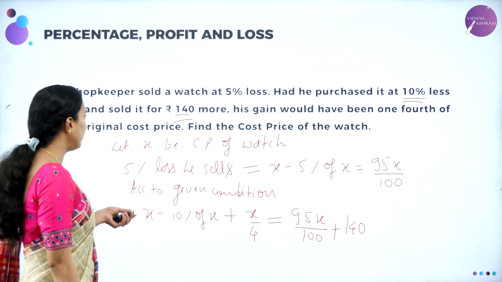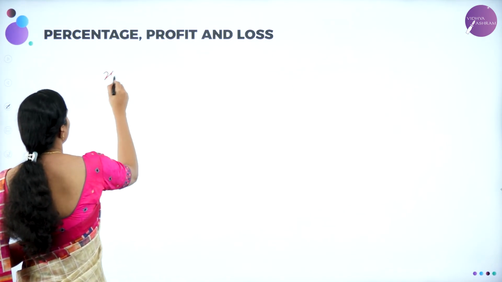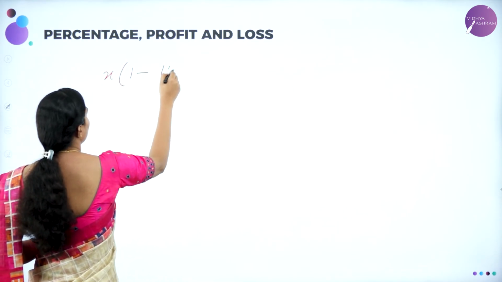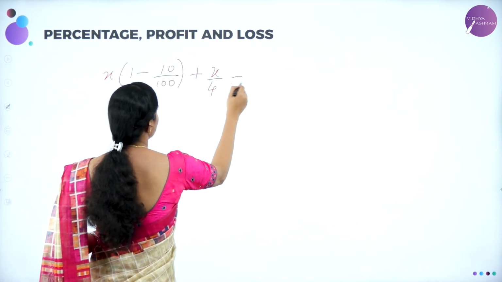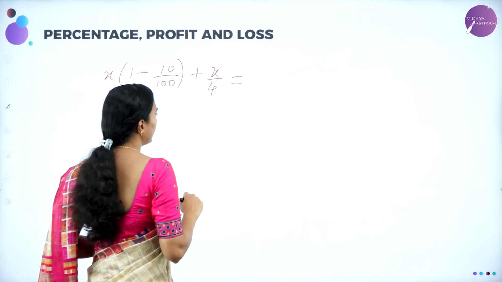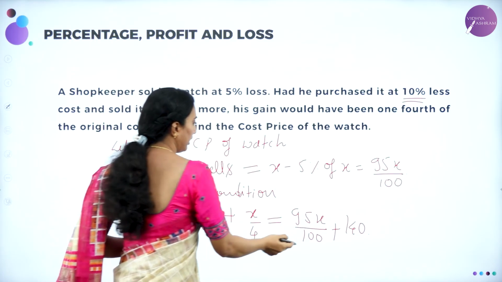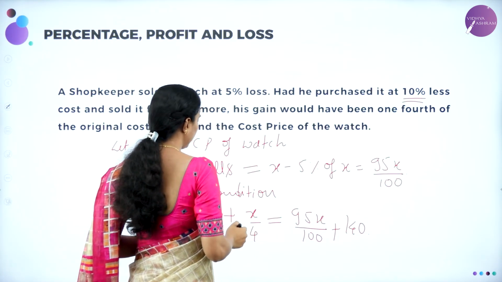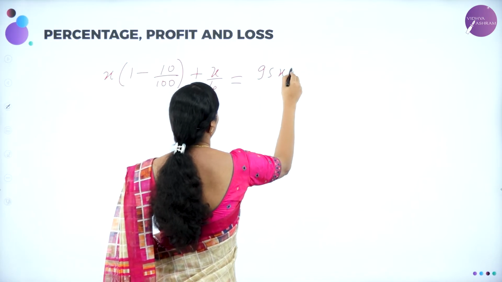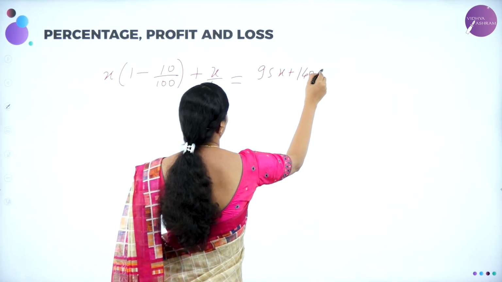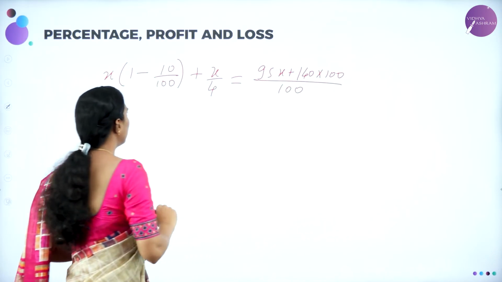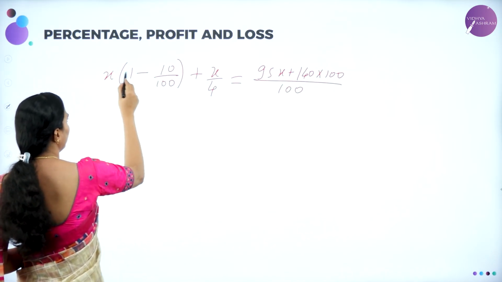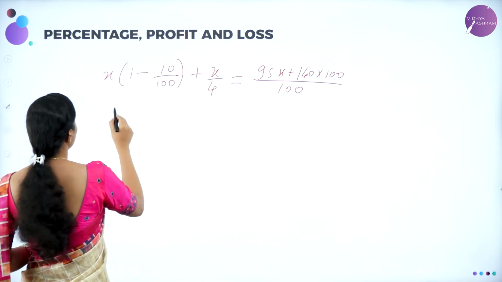So therefore, solving this, X into 1 minus 10 divided by 100 plus X by 4 is equal to 95X divided by 100 plus 140 into 100 divided by 100. So here also by taking LCM, 100 minus 10 is 90.